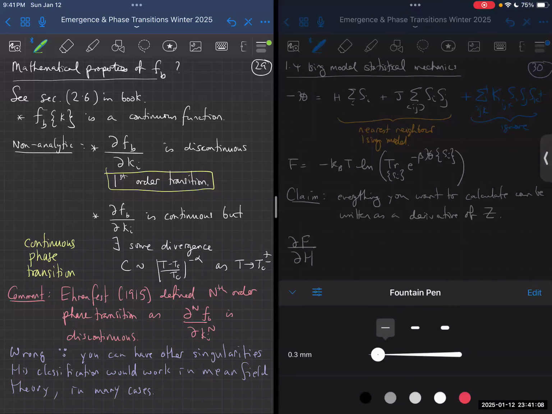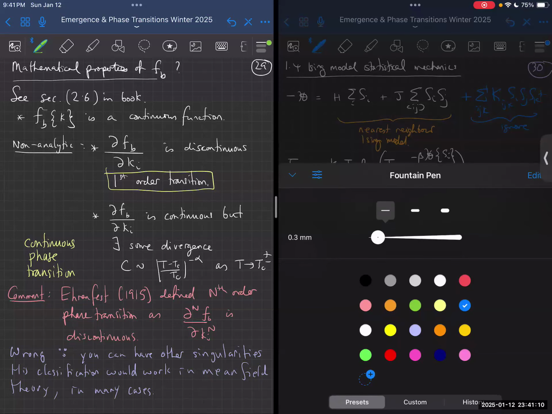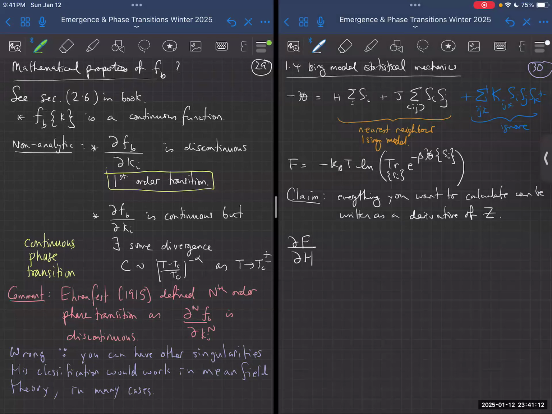So let's see what happens when we differentiate with respect to h, this h over here. The first thing that's going to happen is a factor of minus k_B T. That's the first term.